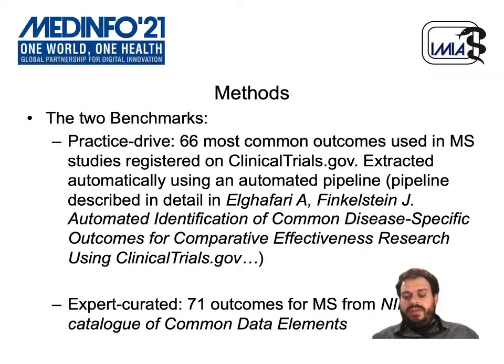We have explained that work in more detail in a different article, which is listed here. That pipeline essentially interfaces with clinicaltrials.gov, fetches all the relevant clinical trials for a particular condition, and then aggregates and extracts the most frequent outcomes and endpoints.